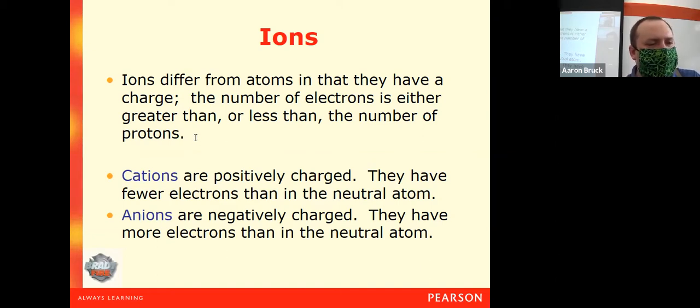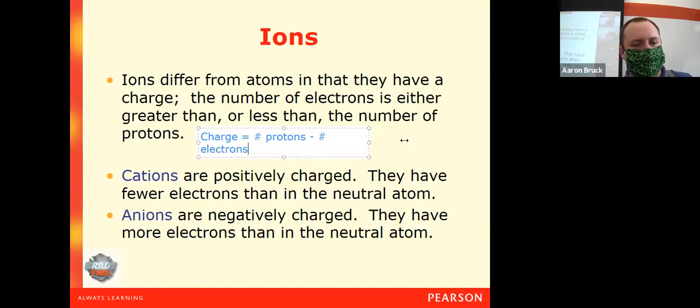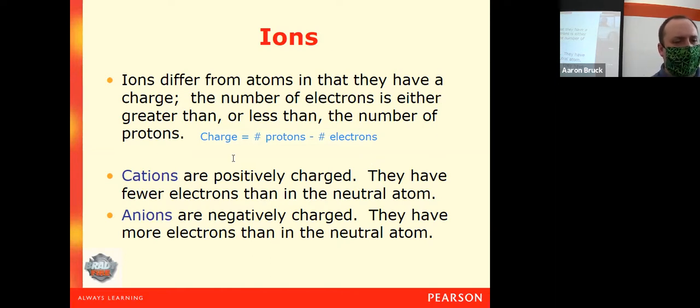As I mentioned previously, we can calculate the charge of an ion by taking the number of protons and subtracting from it the number of electrons. By doing so, this number is either going to be positive or negative.